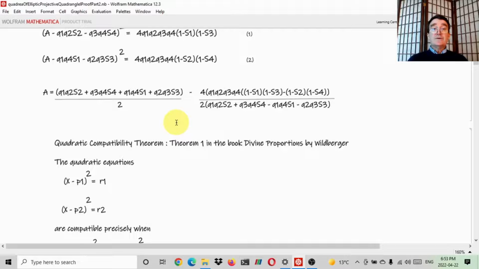And we substituted, and these are two quadratic equations that are compatible, and they have a common solution given here, common solution A. And what we did was we substituted this expression for A into equation 2 and expanded it all out and subtracted the left-hand side from the right-hand side and got a value of 0. So we just verified that that all worked out.